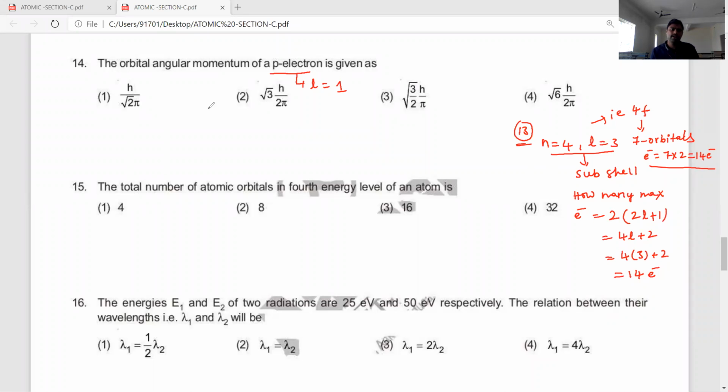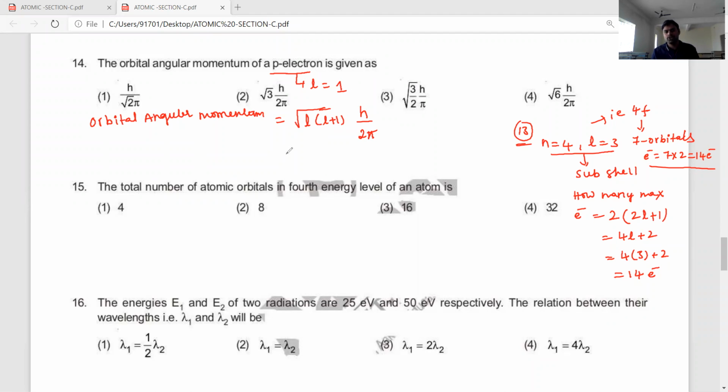13th question done. Now let's see the 14th question: orbital angular momentum. The formula is root over L into (L plus 1) into h by 2 pi. The L value, as I said, is 1.